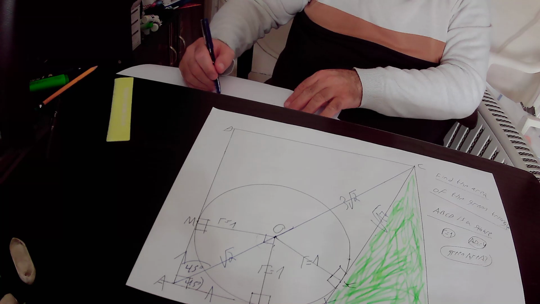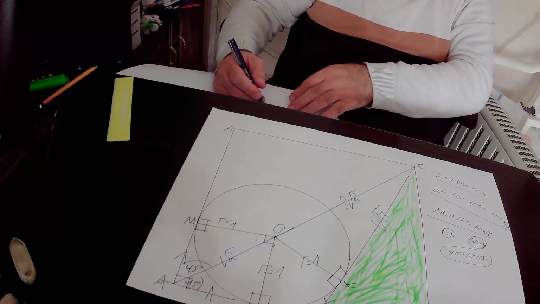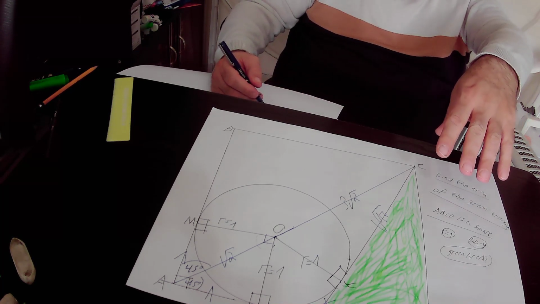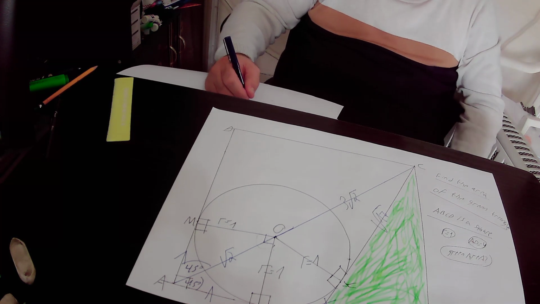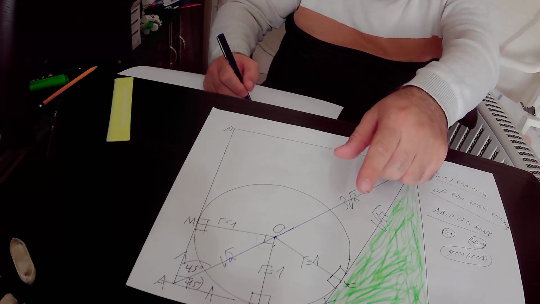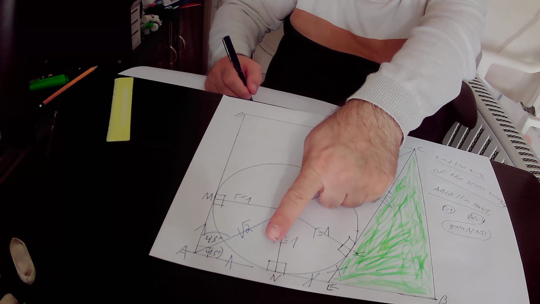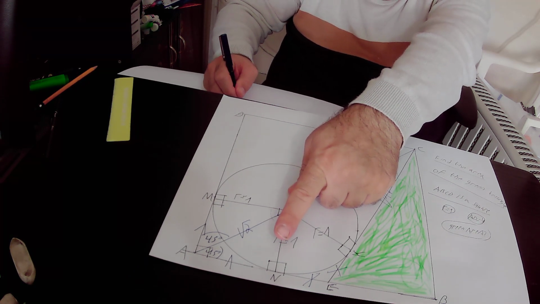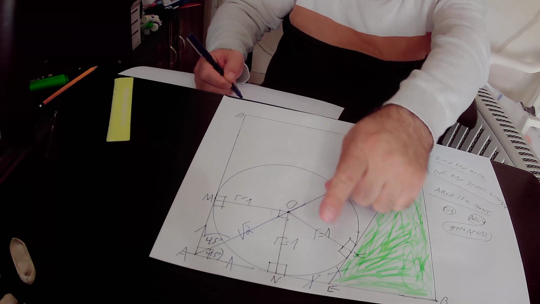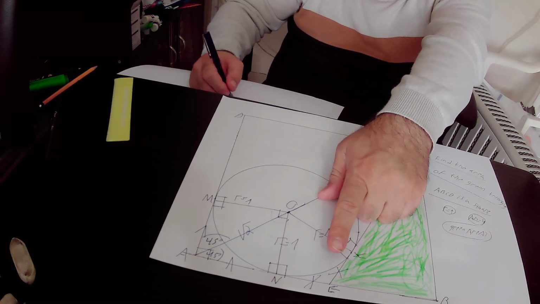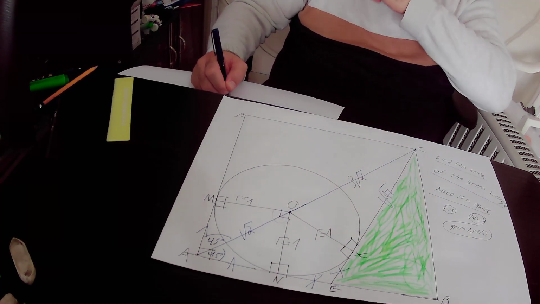We know that all the sides of the square are equal to 4 units, so AB equals 4 units. AN equals 1 unit, and EN or NE equals X units according to our definition.